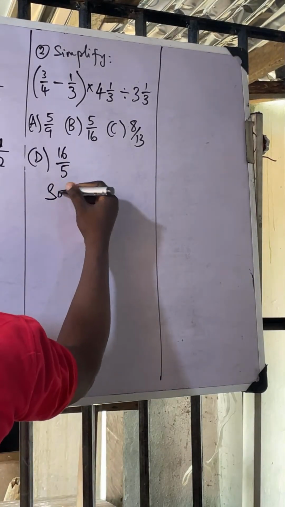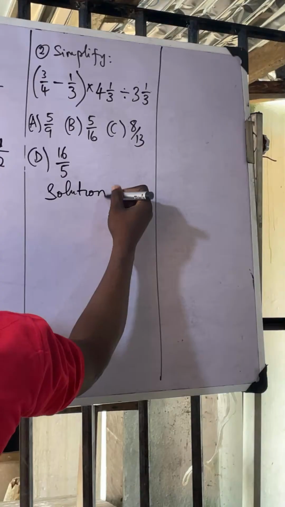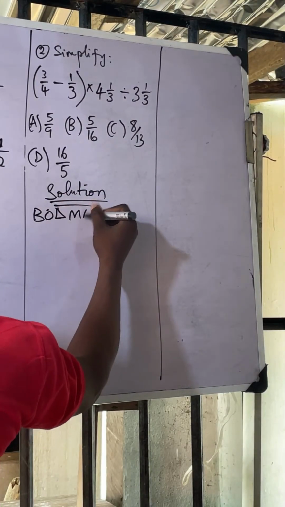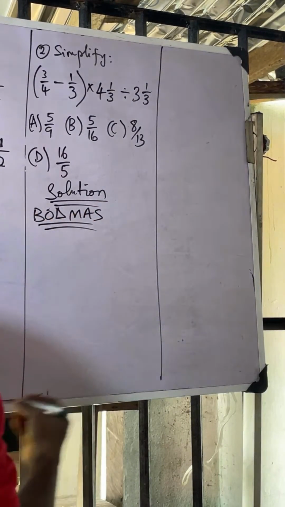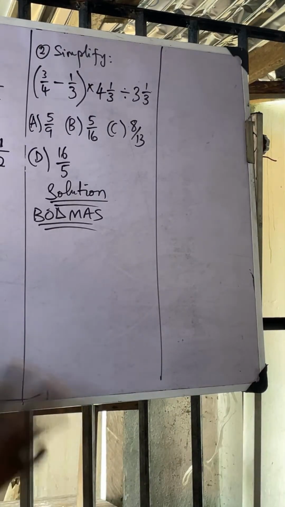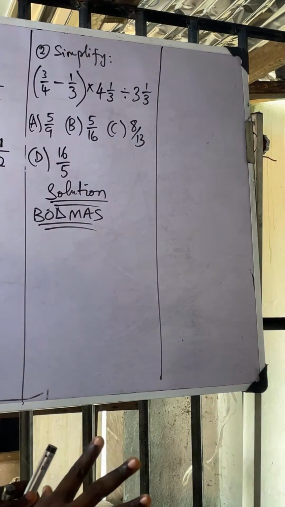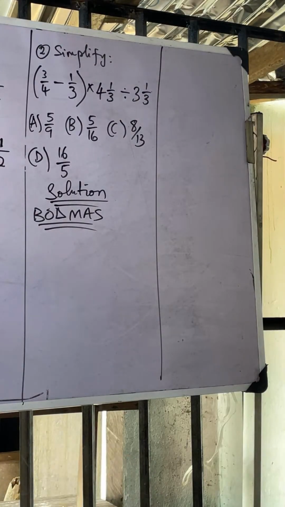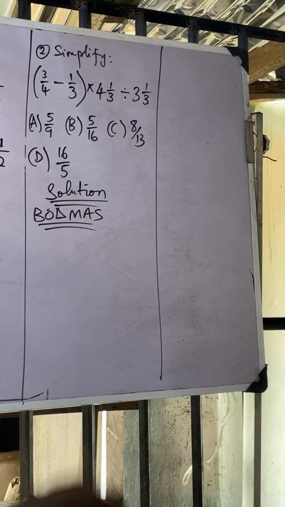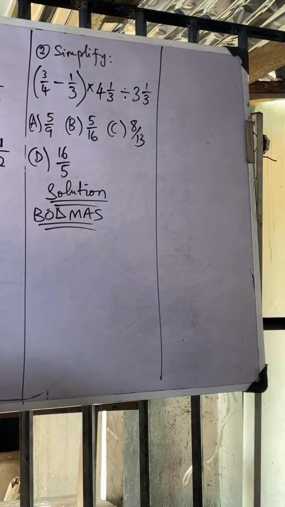If I ask you the solution now, apply your BODMAS, right? Now, when you use this, do you notice something? If you adhere strictly to the principle of this, you cannot fail questions around fractions. Know what to settle first, and from there you approach the other one, because that is how you will solve it. It is not that you are not breaking it down, but because you are not observing the rules of tackling this aspect of mathematics.